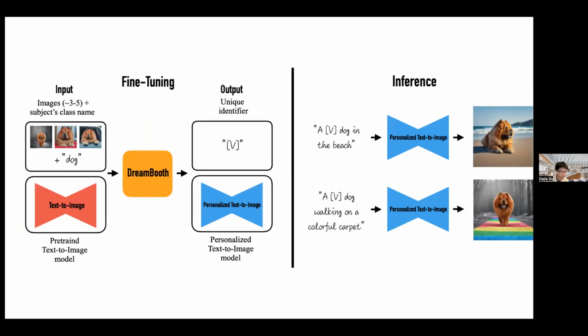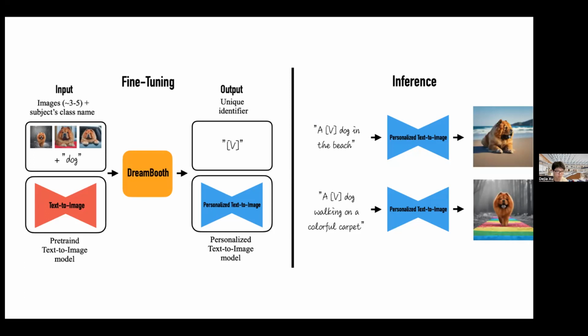People often also use this technique on their own pictures as well. The technique behind it is very simple. So consider a model that takes several images, like three to five images of the dog. We also need the corresponding class name. For example, it's dog here.